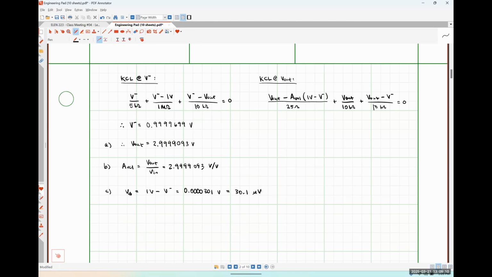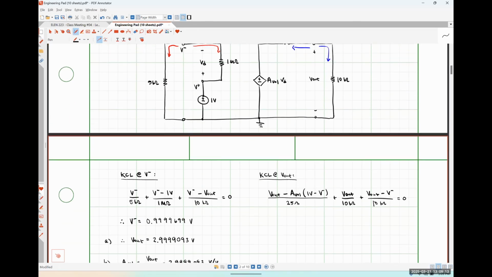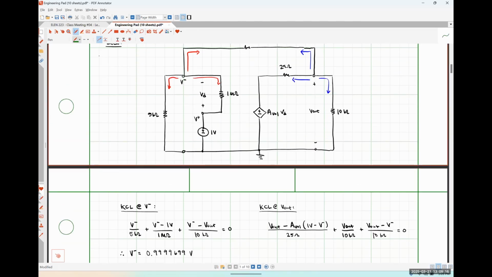How much current, just for what it's worth, let me label this current. So this would be the current flowing into our non-inverting input terminal. How could we determine that? We know VD. We know the resistor, so I feel pretty strongly we can just use Ohm's law, right?